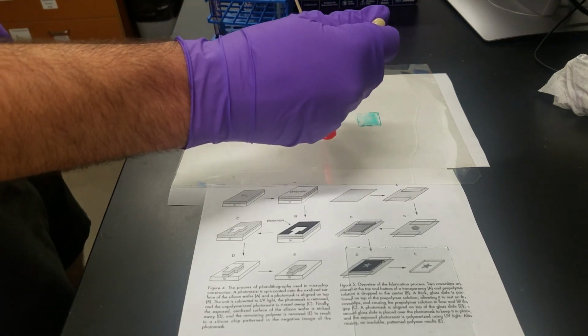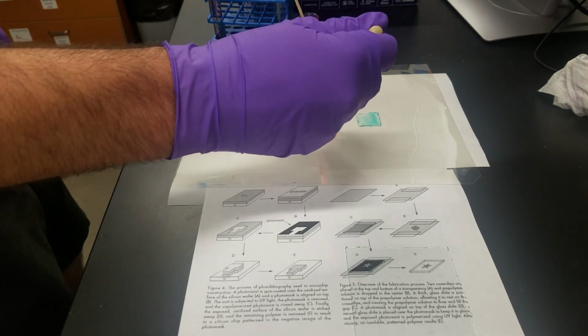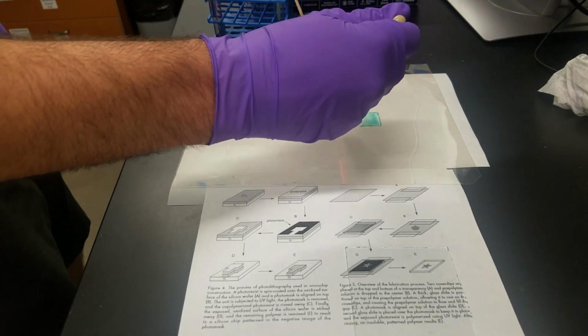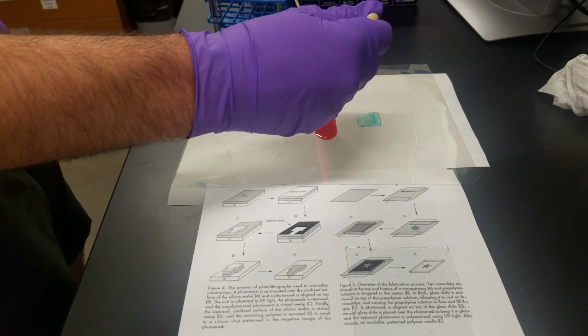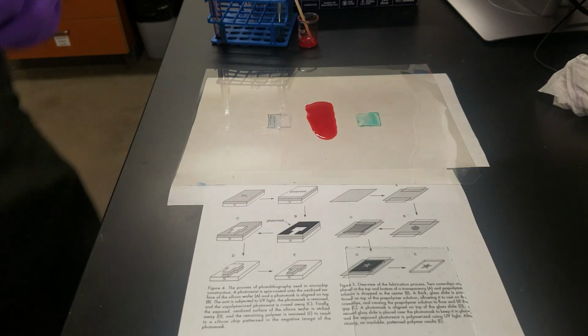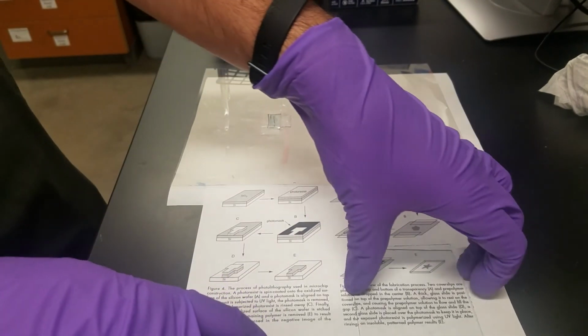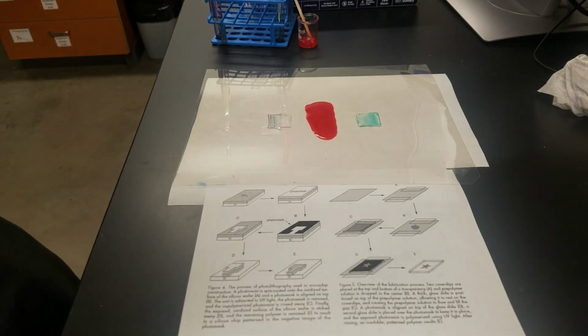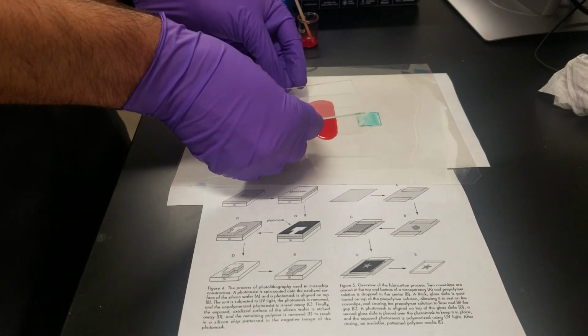If you notice as well, you might see that little green square looking thing. That's the glass cover slip. That has been taped down, and the green part is actually due to the previous failures. But you see there's a corresponding one on the other side, just not stained green.